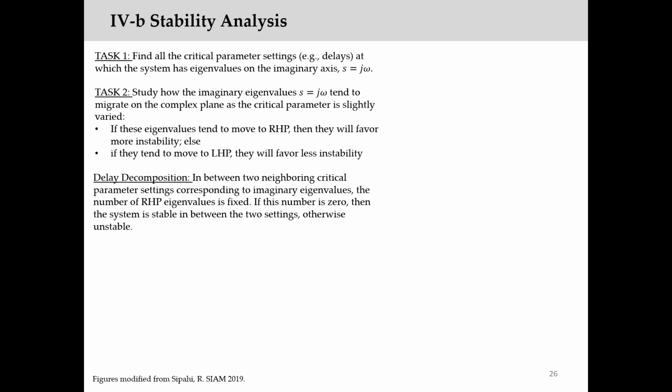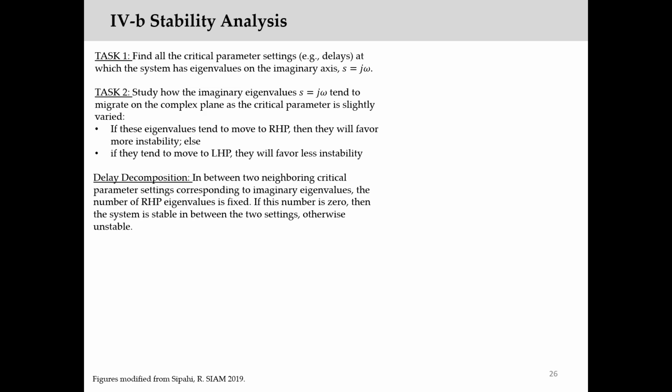And as you will recall, towards the end of part one, we have reached this point, as you see in the slide, to two main tasks, and then identification of the delay parameter space via decomposition.